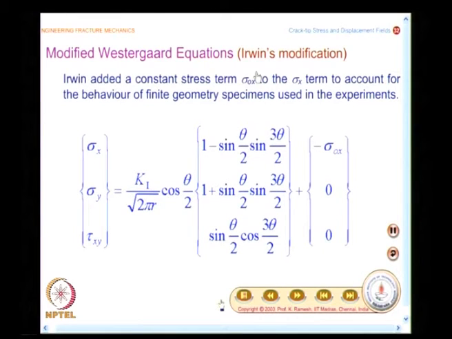Irwin came up with an intelligent argument that you should add a term sigma naught x to the sigma x stress term. He simply added minus sigma naught x, 0, 0, and this he argued because you have this as a biaxial solution.